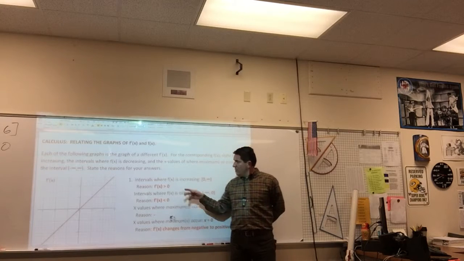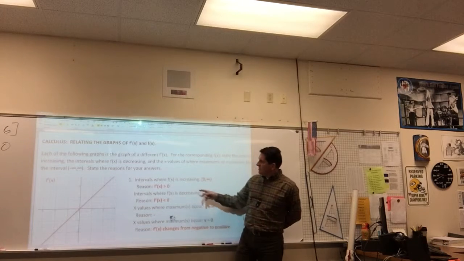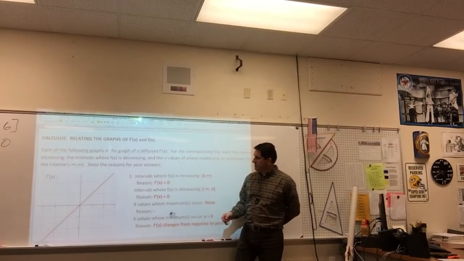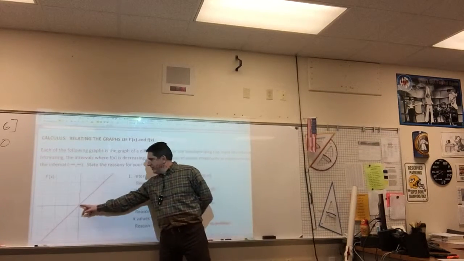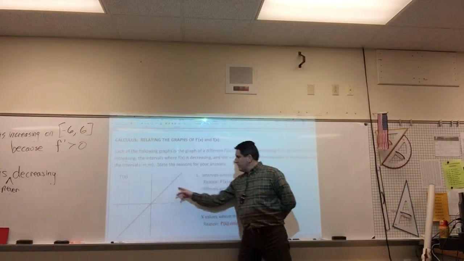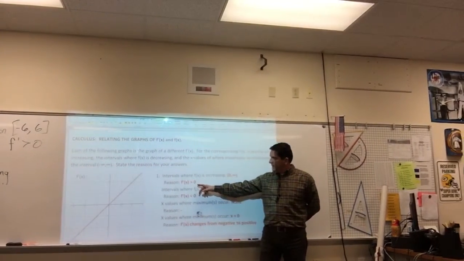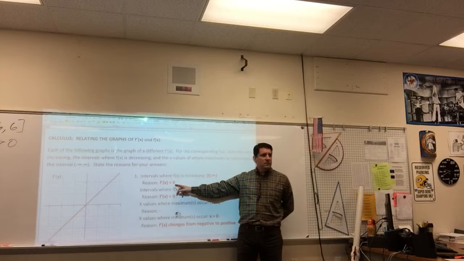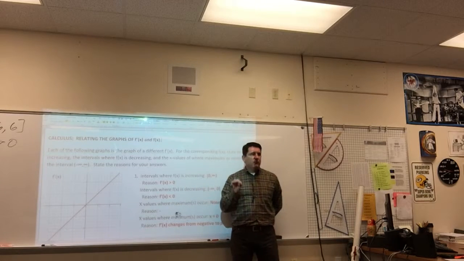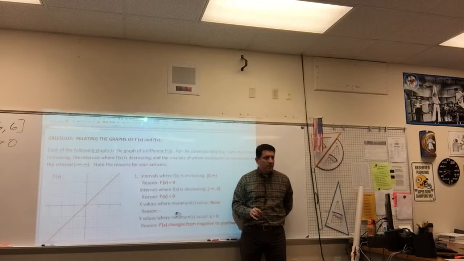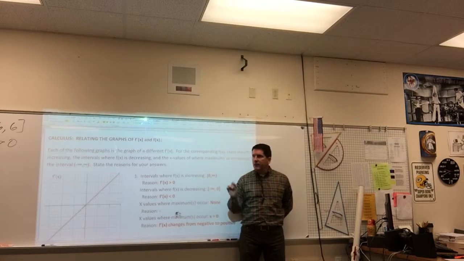And the question is, why is the function increasing? Well, look at the derivative. From 0 to infinity, the derivative, f prime of x, is greater than 0. This whole thing is using f prime to gather information about f.